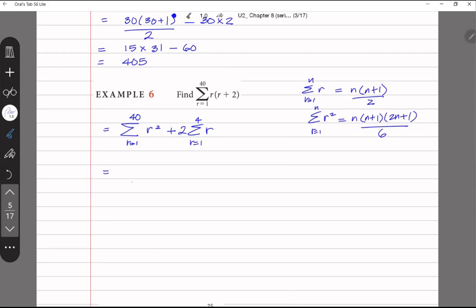So therefore, replacing n with 40, I'm going to get 40 into 40 plus 1 into 2 times 40 plus 1 all over 6, plus 2 times 40 into 40 plus 1 all over 2.